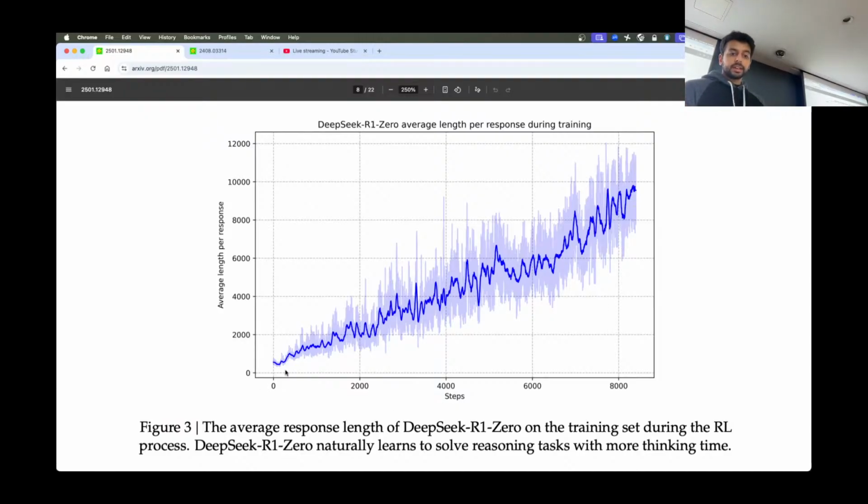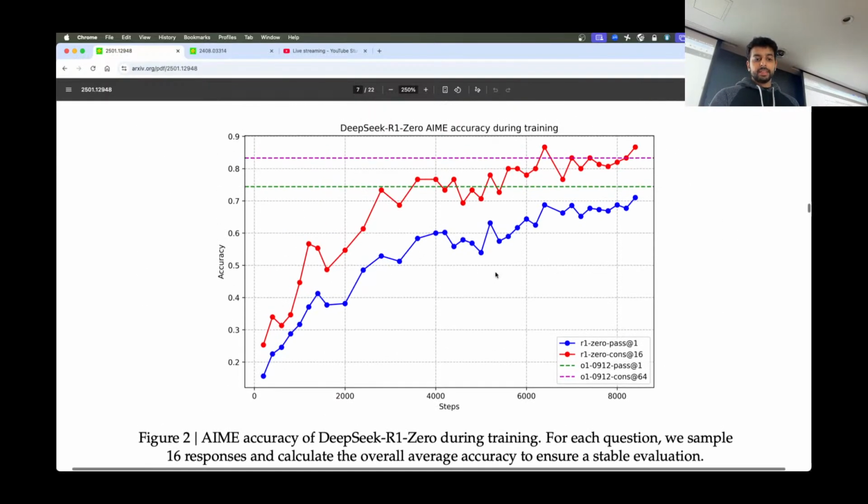You can see a clearly increasing trend: as you train this model to maximize the reward, it uses more and more thinking tokens before getting to the final answer. And this plot shows that the accuracy is increasing at the same time. As the model is thinking more, it is getting better and better at these math problems.